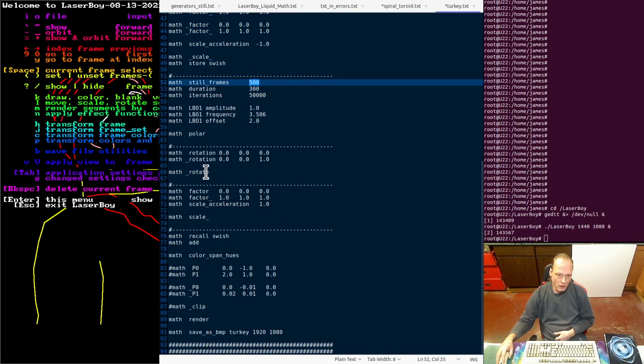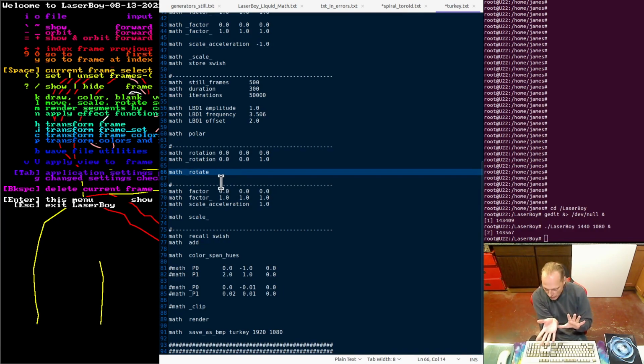Okay, so it's like that. It distributes the rotation through the frame set because of the leading underscore, and if it had the trailing underscore, each one of them would do a spread rotate within each frame. Okay, that's what that's all about.